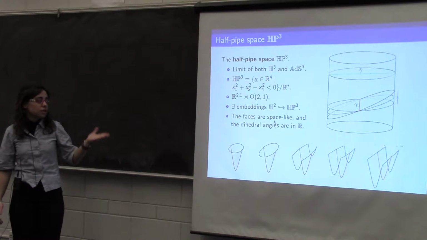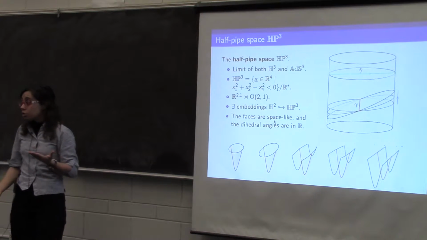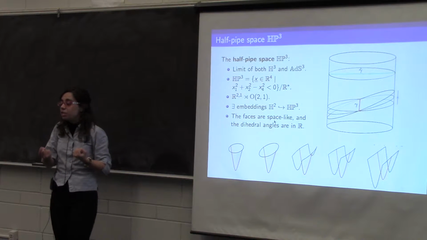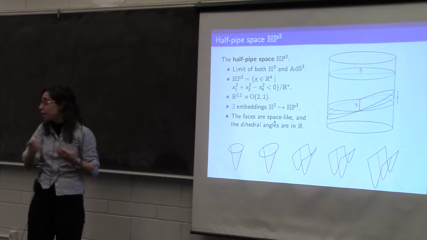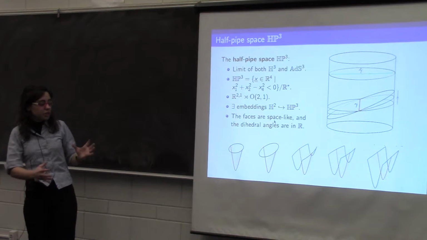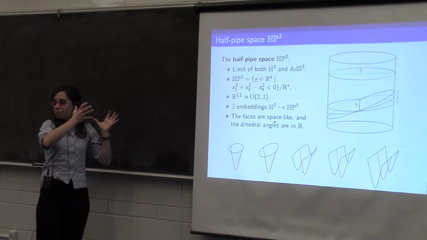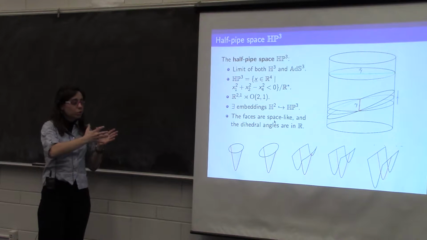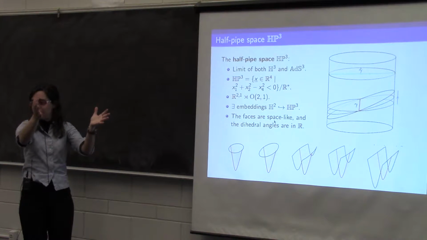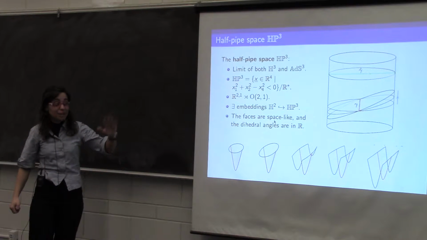And again the faces are space-like and the dihedral angles are real numbers, okay? So in fact we will see that the existence of the Hamiltonian cycle is really due to this time-like direction condition, okay? And on the bottom you can see a deformation of the paraboloid model of the hyperbolic space to what it looks like in half-pipe. Okay, so if you go skiing, or doing snowboard stuff, that's the reason for the name.